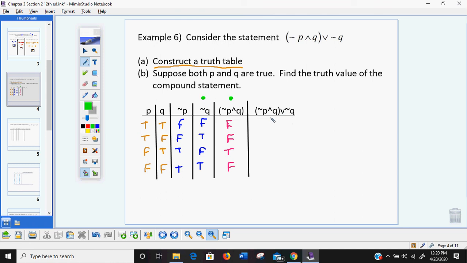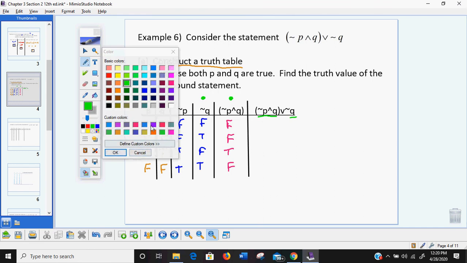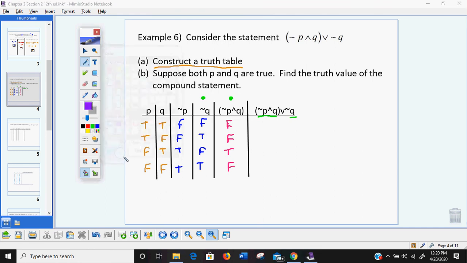Those are the two I'm looking at, not P and Q, and then I have an or, not Q. Now remember when it's or, if one is true, that's okay, the answer is true, one or the other. So let's look at these two columns. False, false is false. Second row, true and false is true. False and true is true. One or the other has to be true. And the last row, true and false, is true. So the answer to this one would be false, true, true, true.